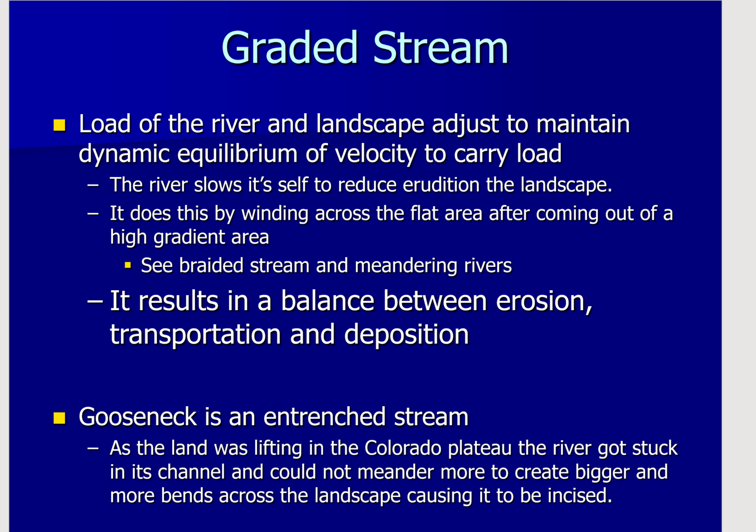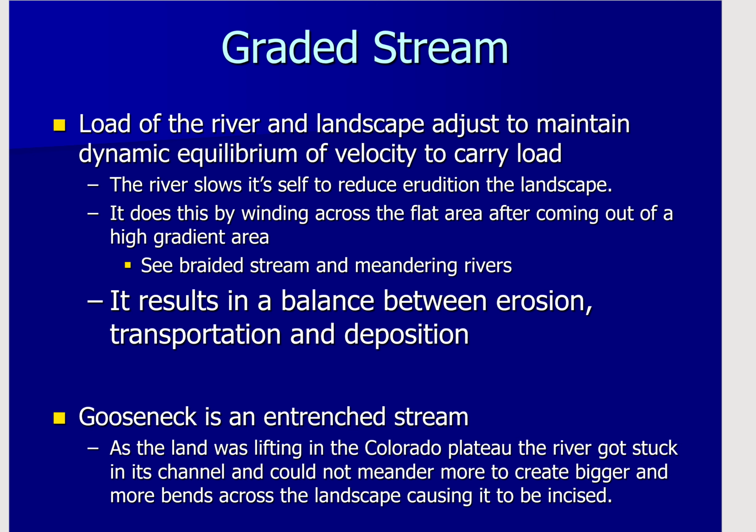So what ended up happening was the stream gradient went from rather shallow with all these big bends in it to really steep in this short amount of time. And therefore, the erosion capacity, the ability to do work, increased really quick. So it eroded a really deep canyon as a result.